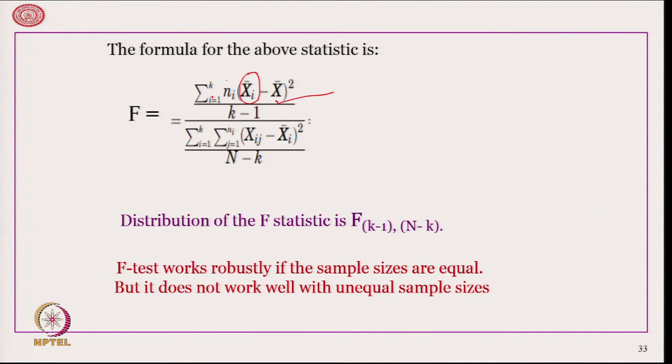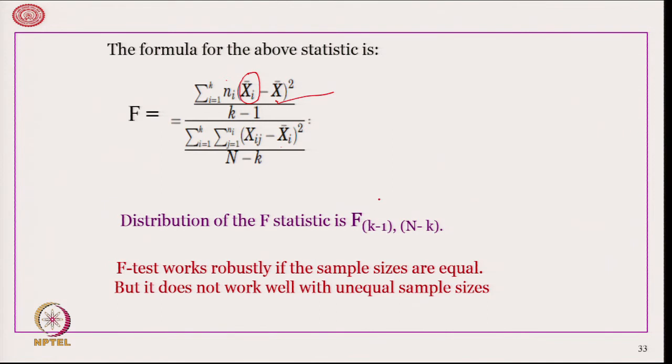So, therefore, if we know n 1, n 2 up to n k minus 1, then n k is fixed. And in the denominator we have the overall sample variance, sigma x i j minus x i bar whole square, that is the variance for the ith population, and that we are summing for j is equal to 1 to n i for the ith population and i is equal to 1 to k.